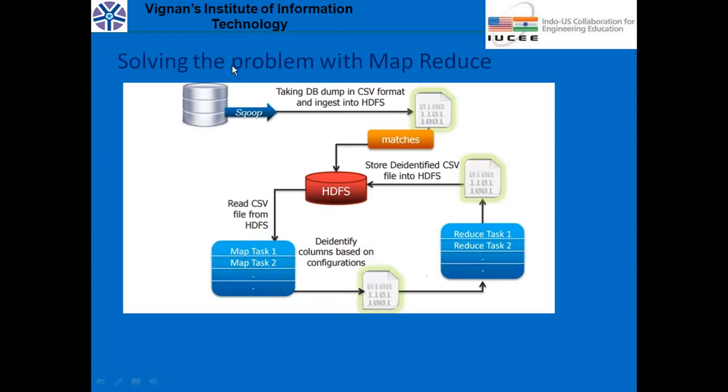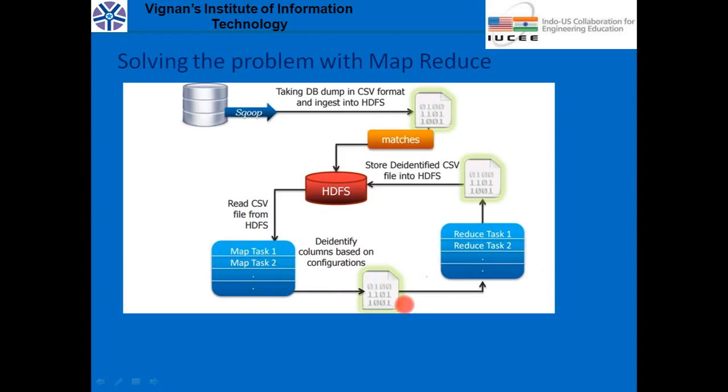I'm putting the data into HDFS, taking a DB dump into CSV format, and then ingesting it into HDFS. After that, it is there in HDFS, and now we are going to read it using MapReduce. We are going to de-identify the columns based on the configuration.